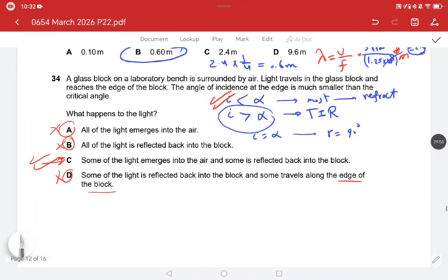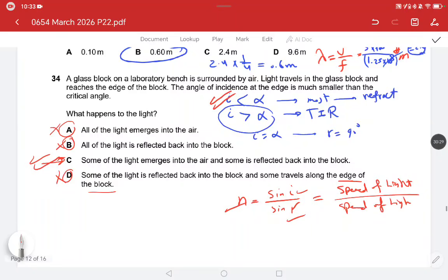You should know that n, the refractive index, is sine I over sine R. Okay, how to find n, or how to find I, or how to find R. And also, if you don't have I and R, and they give you the speed of light in vacuum, divided by the speed of light in the other medium you have, so you may use this formula instead of sine I over sine R if they give you the speed. So take care about this one as well.